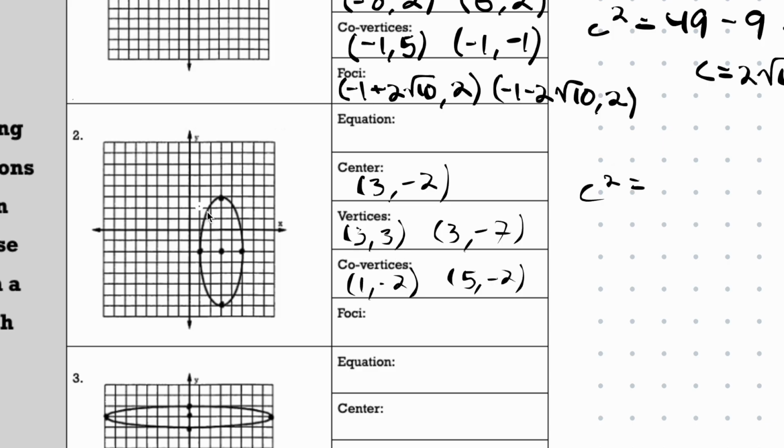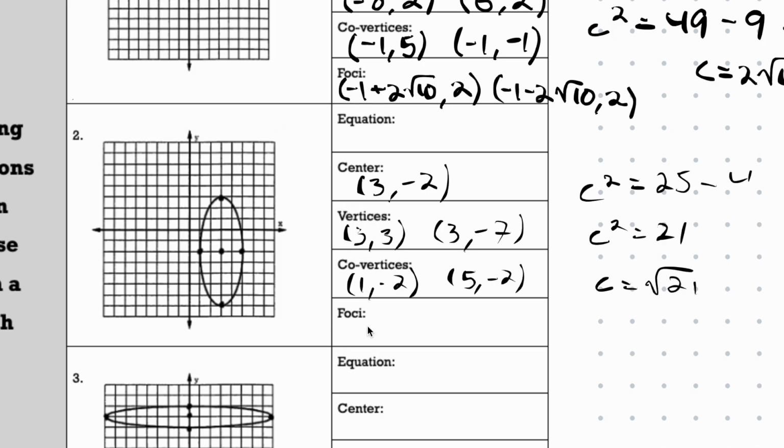Our a value is going to be this length, which I believe is 5. So 5 squared is 25, minus our b squared. B is going to be equal to 2 in this case, so 2 squared is 4. C squared equals 21, so C equals root 21.